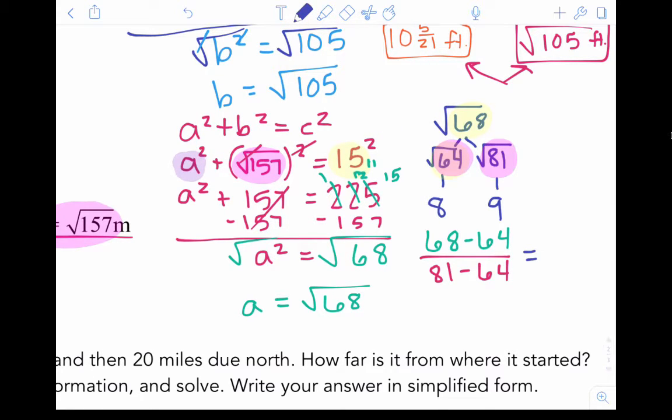And so that is equal to 4 over 81 minus 64 is going to be 17. So I know that the square root of 68, since it's between 8 and 9, is 8 and 4/17. I don't need to divide out that fraction, but I do need to see that this is in meters. So this is 8 and 4/17 meters.